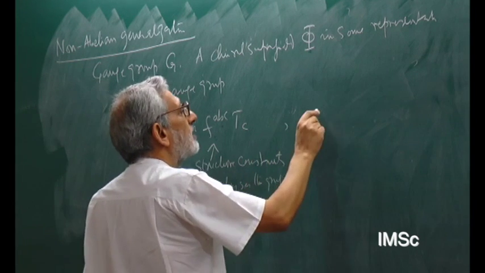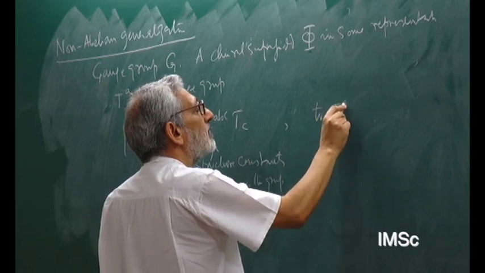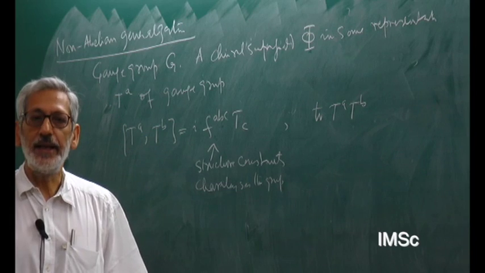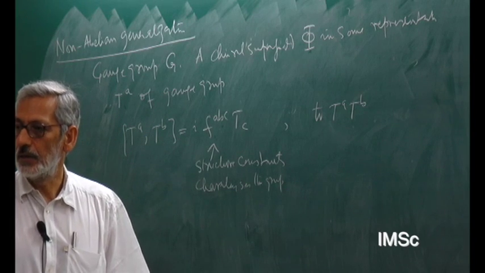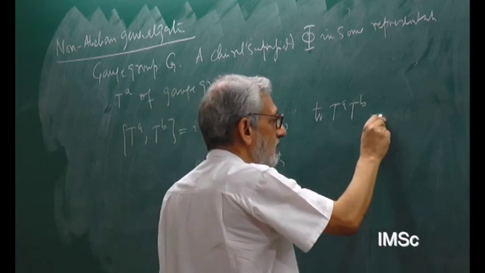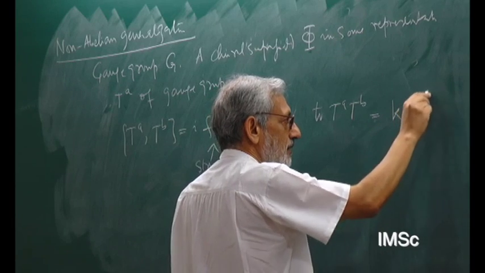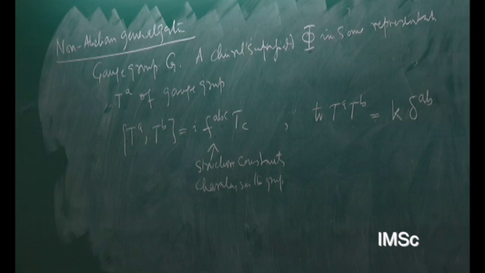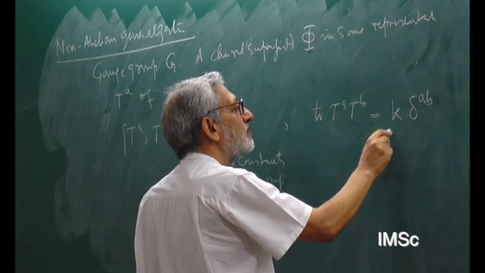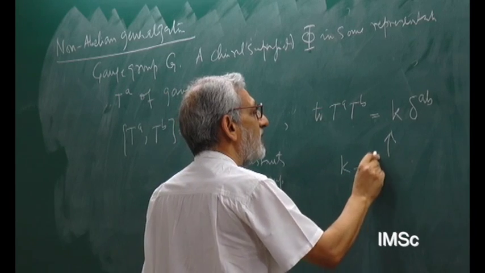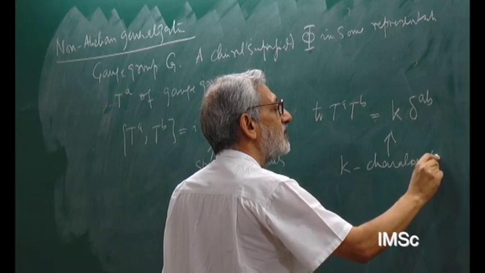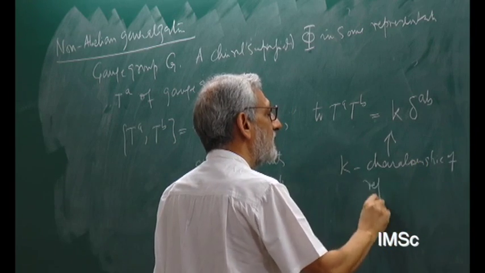In addition to that, there is also a group theory object, the trace of T^A times T^B. For a representation this is K times delta^{AB}, where K characterizes the representation.